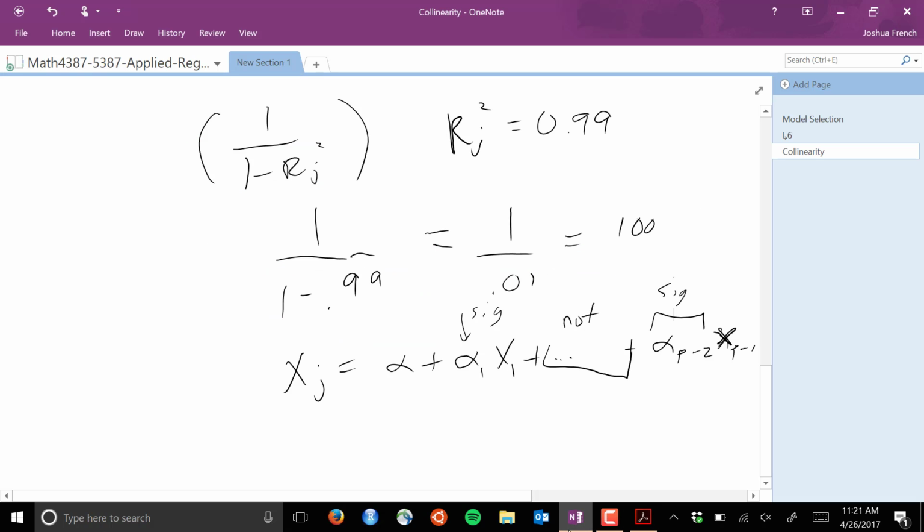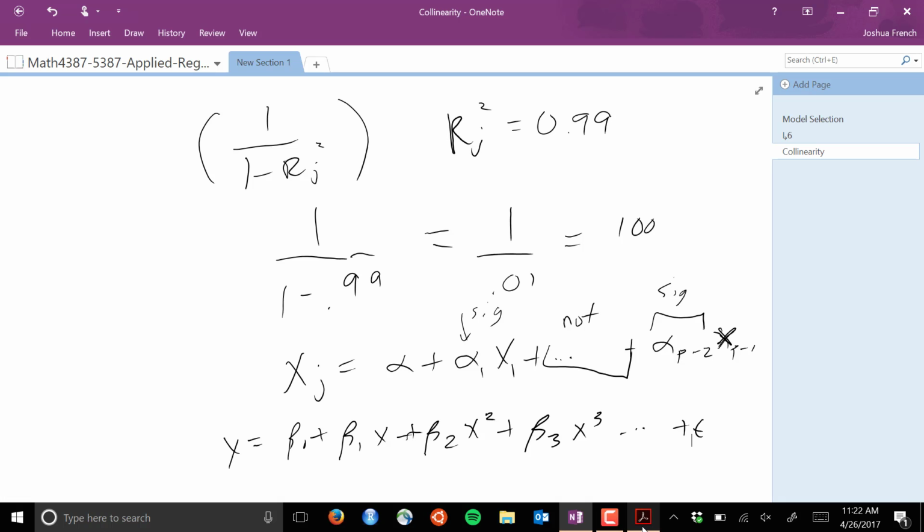So if you have models that are something like y equals beta naught plus beta 1 x plus beta 2 x squared plus beta 3 x cubed, etc. Then oftentimes as you keep increasing the order of your model, you start having problems with collinearity. And a simple way to correct that is simply to center your predictors. And when you do that, then a lot of the collinearity problems are accounted for.